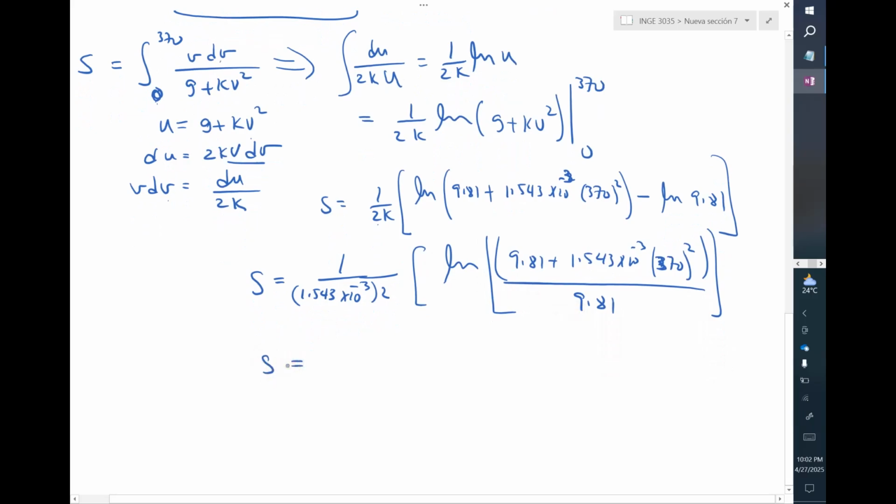S equals the log of 9.81 plus 1.543 times 10 to the minus 3 times 370 squared, close that parenthesis.